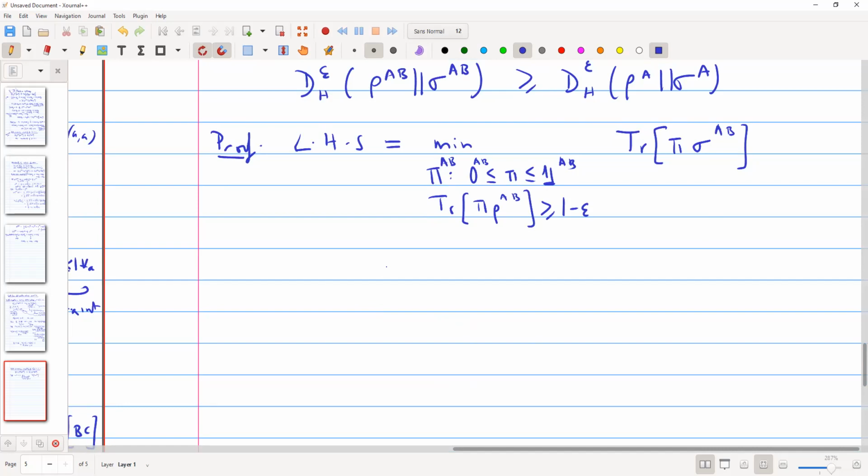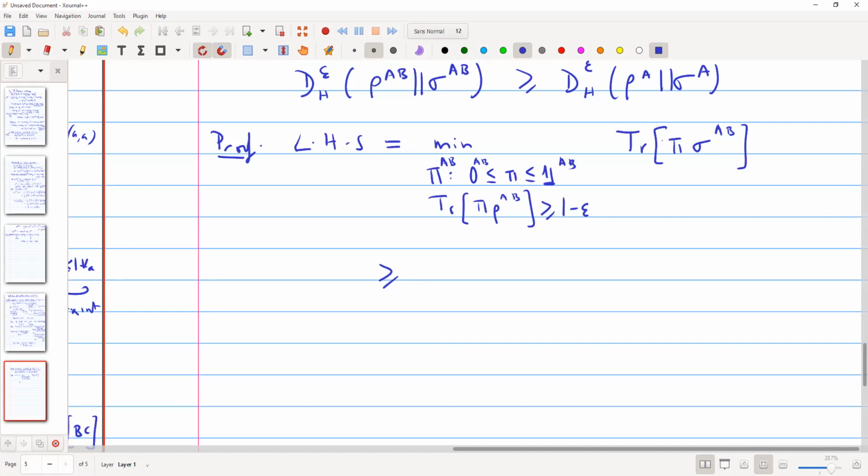Now, if I reduce, basically, these constraints define what are the feasible pi. The set of matrices pi AB which satisfy these constraints are called the feasible pi. And within the feasible pi, I want to find the minimizing pi for this objective function.